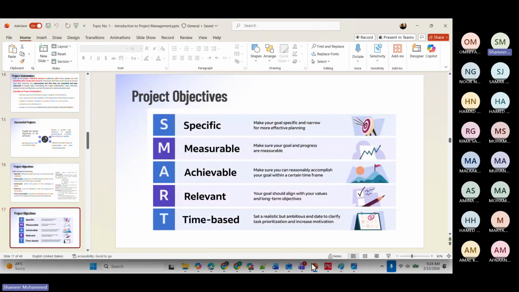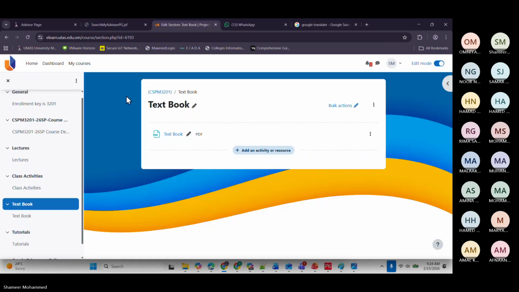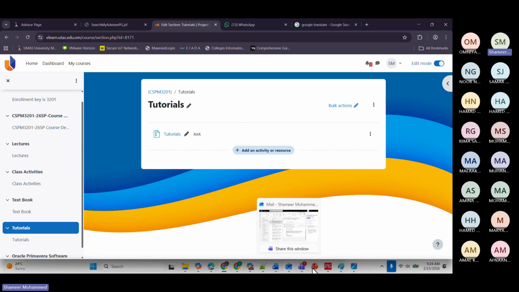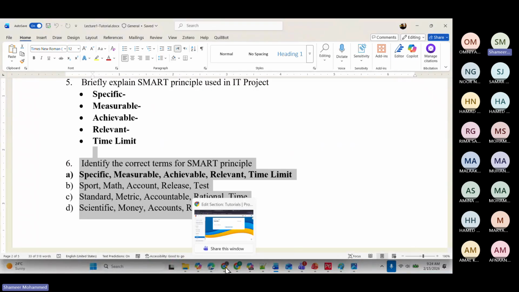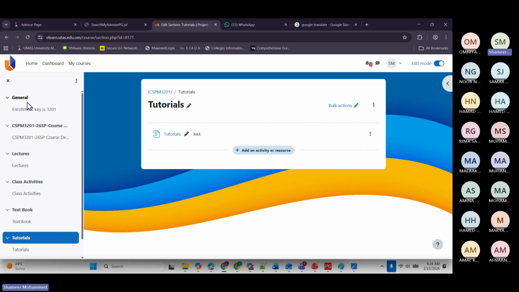So all these I have uploaded for you in the Moodle. Here you have tutorials. You can download those later, these questions. So you have to log in. You have to register all of you into this course by giving the key.